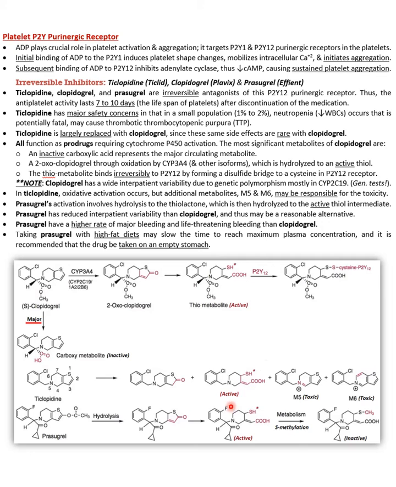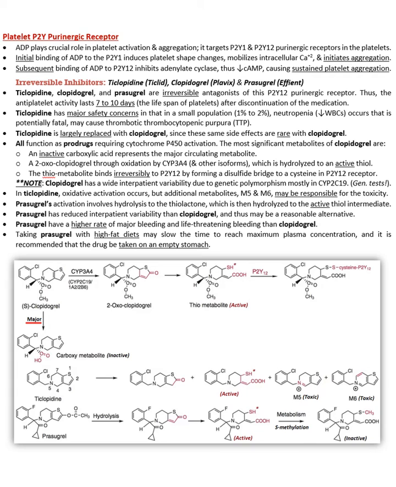It binds to this receptor. I want to say that one of the metabolites for the ticlopidine is something called, for short, M2 and M6, which are positively charged pyridine ring here, that are believed to be the ones responsible for the toxicity.